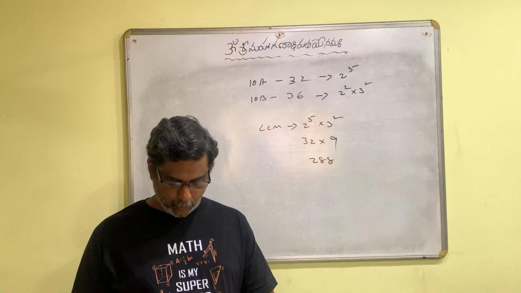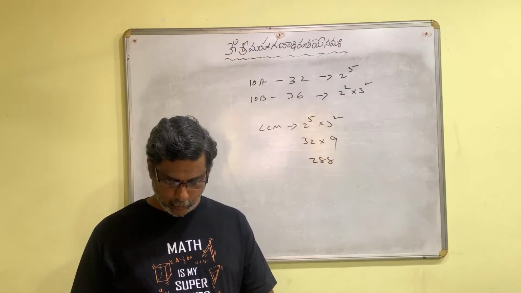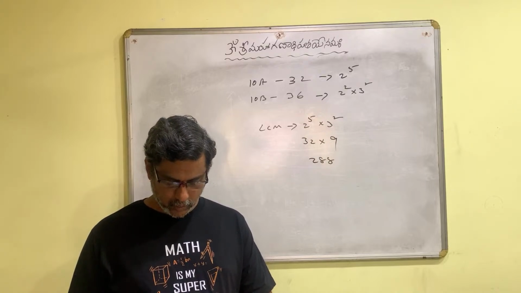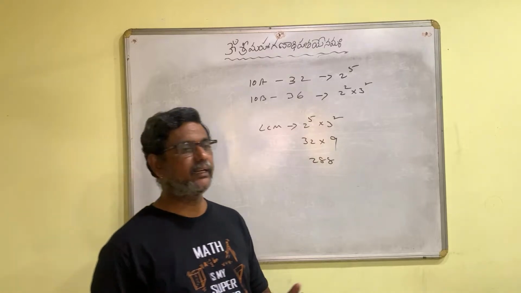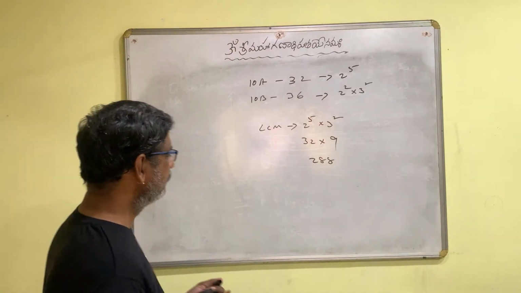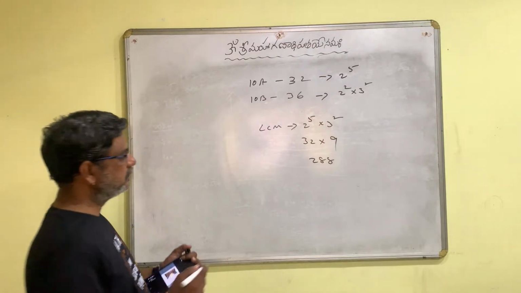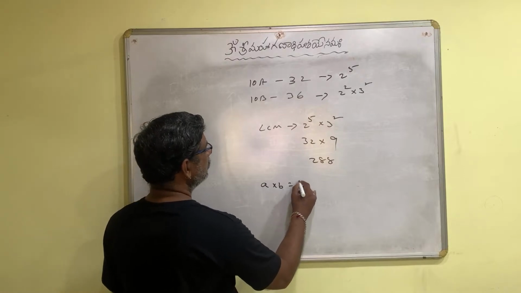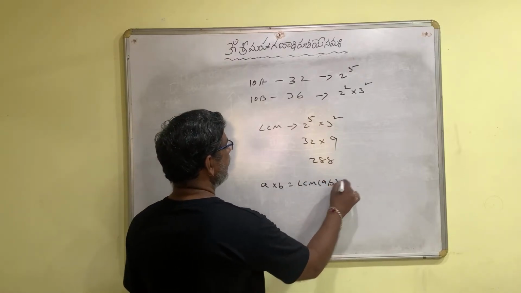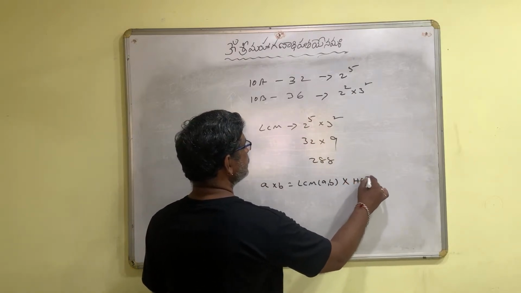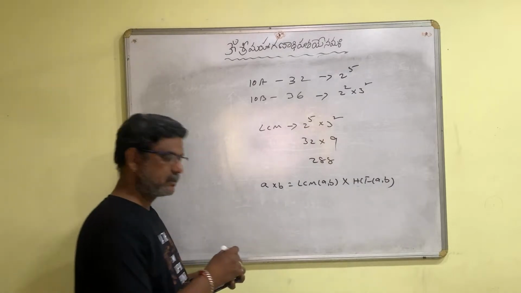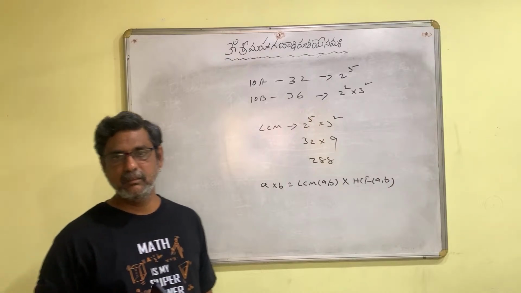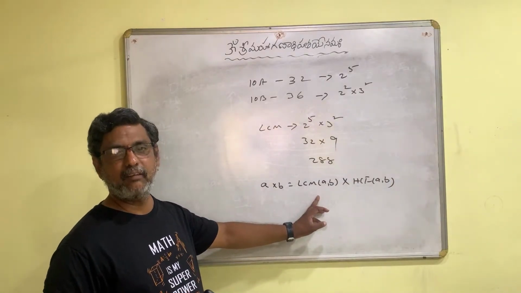If the product of two positive integers is equal to product of their HCF and LCM is true, then HCF of 36 and 32 is. We have a relation that product of two integers is equal to LCM of A and B into HCF of A and B. Product of two positive integers is equal to product of their LCM and HCF.